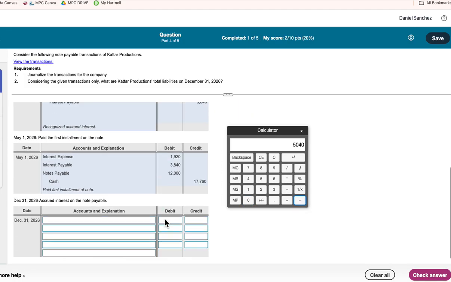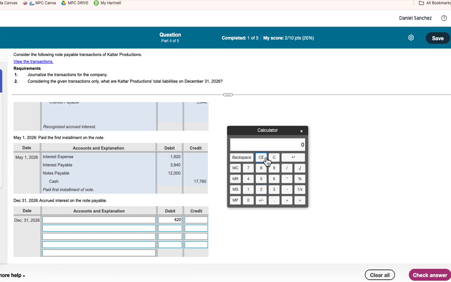And then I'm going to multiply by the months. So May, let me count with my fingers. May, June, July, August, September, October, November, December is 8 months. So then I'm going to multiply this by 8 divided by 12. And that equals 420. That just does not sound right to me.